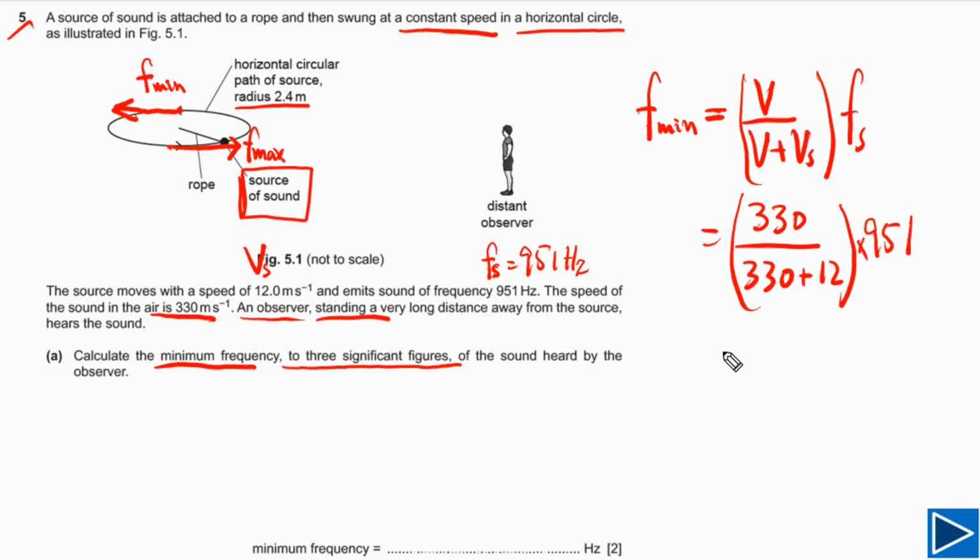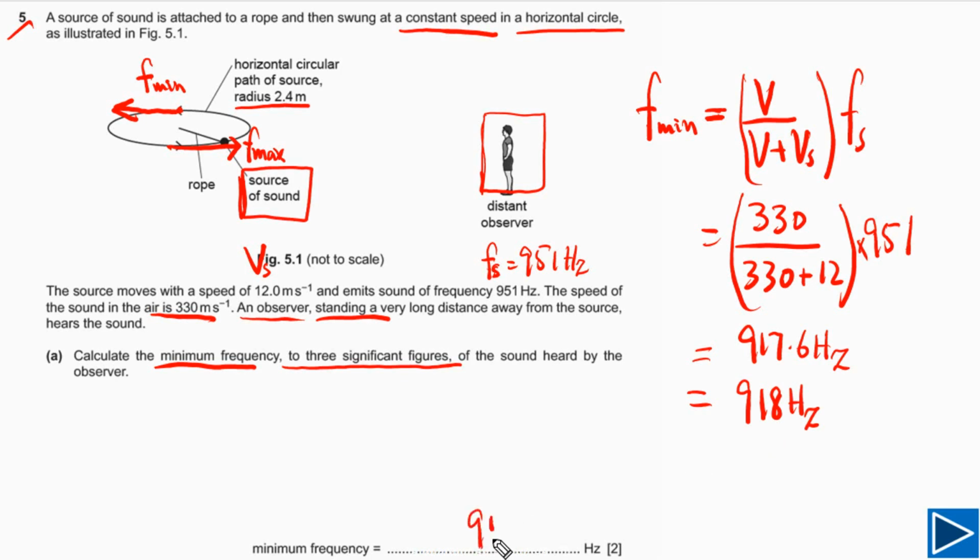We simply need to solve this to find the minimum frequency observed by this listener. In this case, our answer is 917.6 hertz. But the question is asking us to write our answer using 3 significant figures, meaning our answer must have 3 significant figures. So we can write down our answer as 918 hertz. This is our final answer, and it has 3 significant figures.